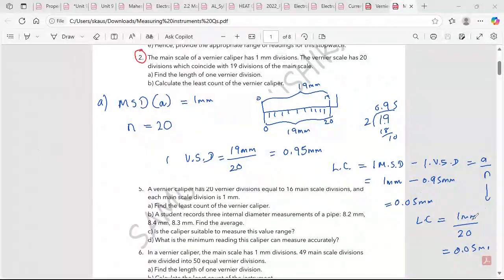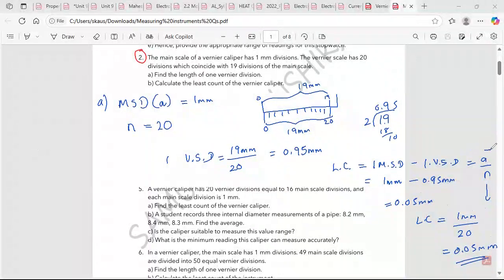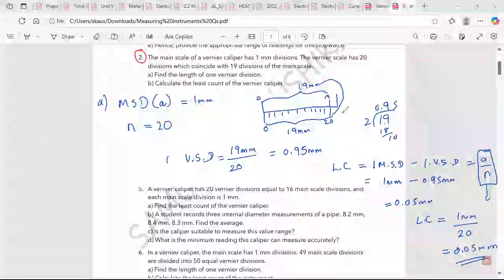This A over N is applicable when the difference between the number of main scale divisions and vernier scale divisions is 1. So if 19 is divided into 20, if 9 is divided into 10, if 49 is divided into 50, 99 divided into 100, like that. And I'll show you why I'm saying it.